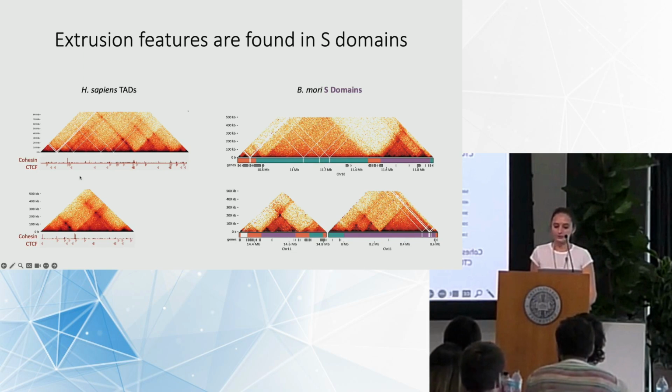So here I'm looking at some TADs from humans, and here I'm looking at some S domains. We see similarly insulation points, flames, nested structures, and corner peaks.